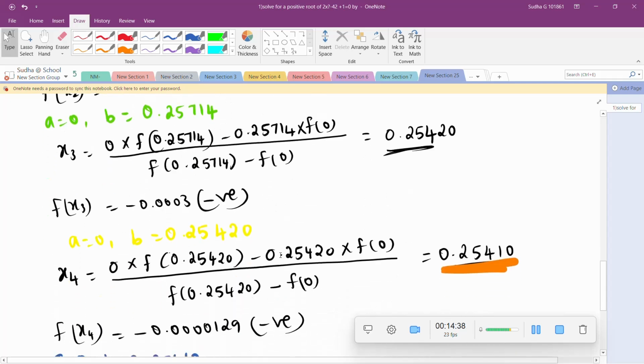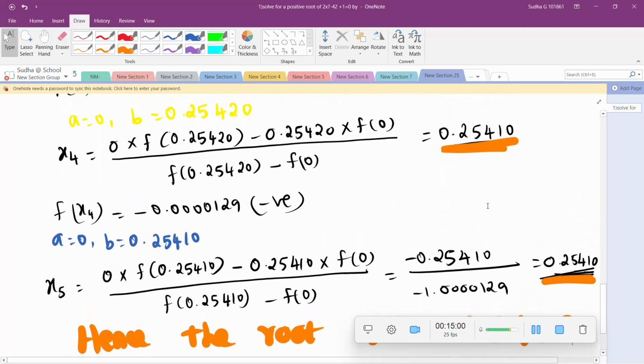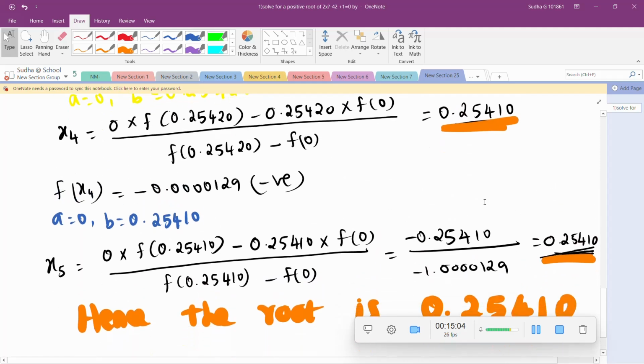Again, need to use the formula. Again, continue the process until exactly 4 or 5 decimals are repeated. Sometimes it will be mentioned in the problem how many decimals are needed, 4 decimals or 3 decimals or 5 decimals. So here exact 5 decimals are repeated, 0.25410. x4 and then x5 value 0.25410, exact correct to 4 decimals are repeated.